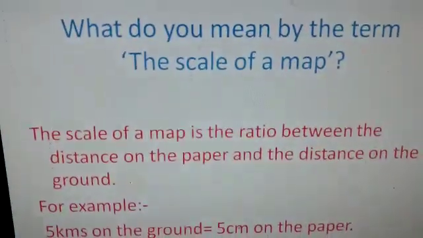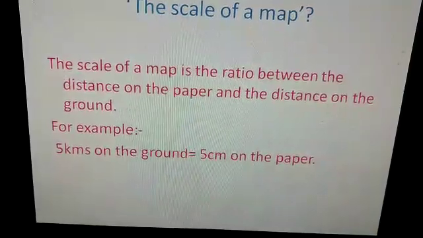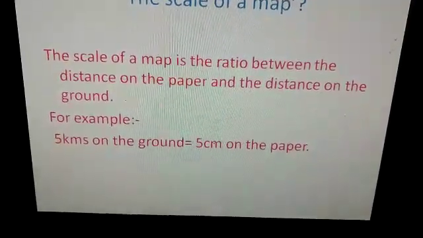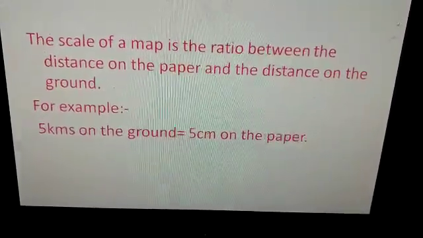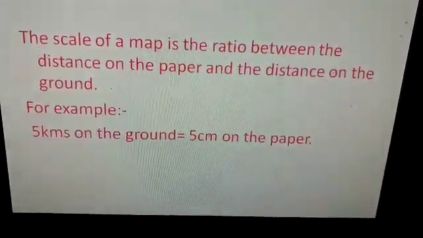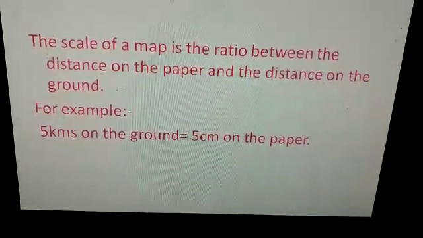So what is the definition of the term scale of a map? The scale of a map is the ratio between the distance on the paper and the distance on the ground. For example, 5 kilometers on the ground equals 5 centimeters on the paper.